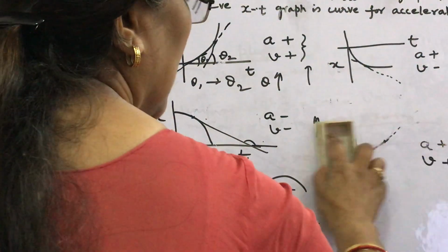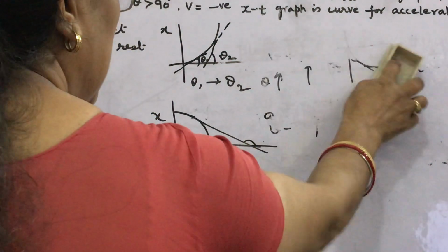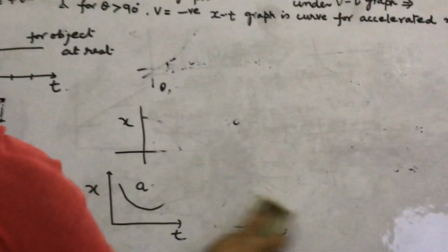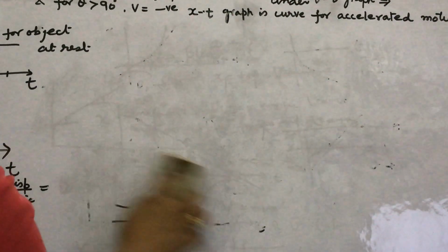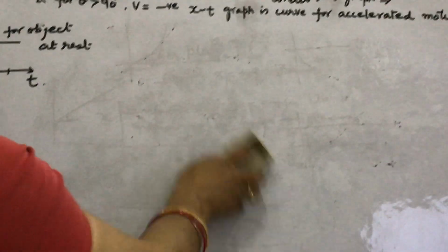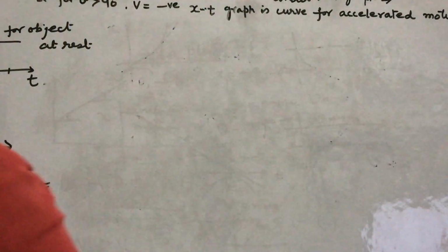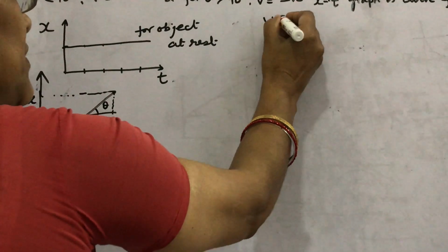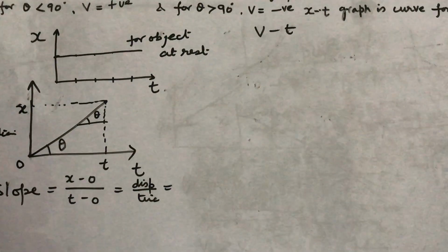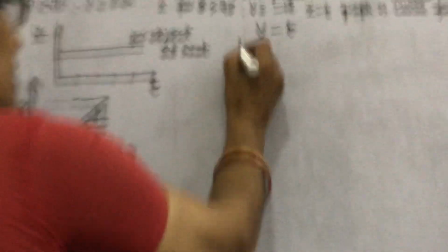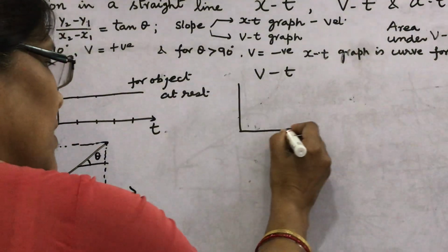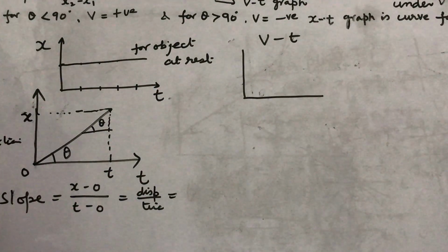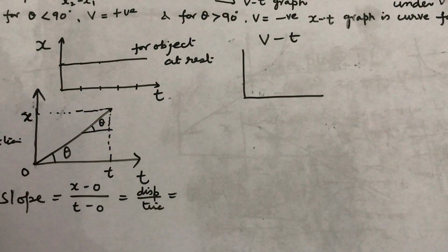Let us take some examples where the velocity time graph is given. So, first of all, we will learn that in the velocity time graph, suppose this is the Vt graph. If the object is moving with constant velocity, that is said to be uniform motion. Velocity is constant.